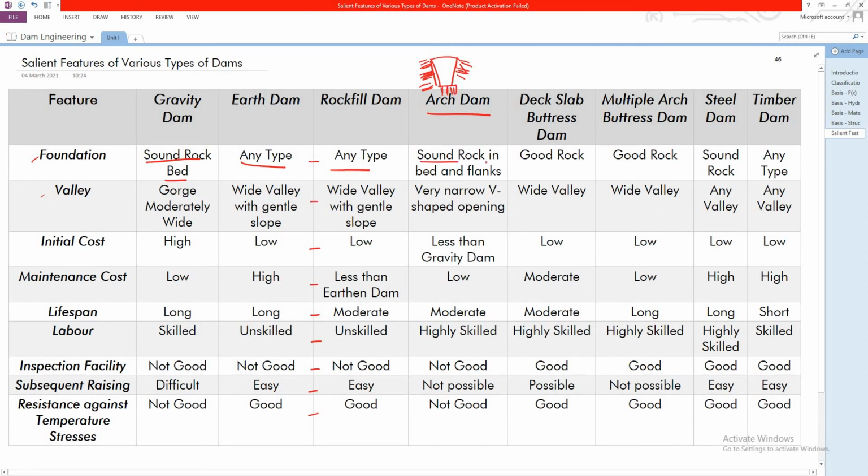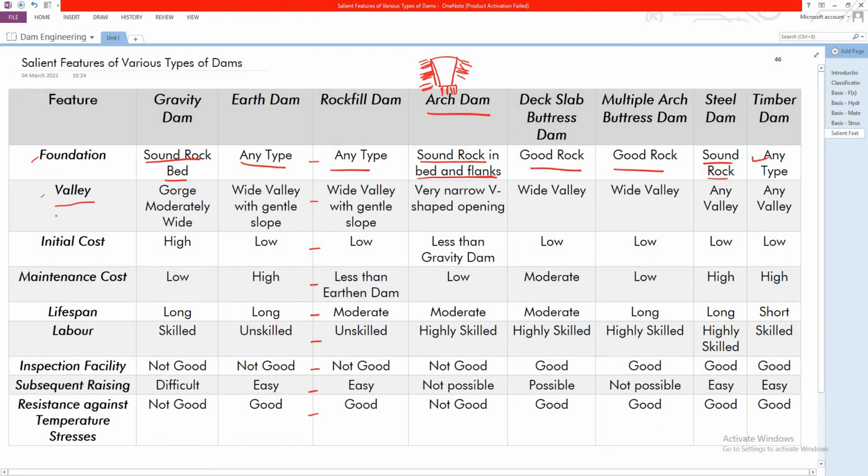Okay, sound rock in bed as well as in flank. Flank means sides. Then deck type buttress dam, deck slab type buttress dam, and multiple arch type buttress dam: good rock foundation is the minimum requirement. Then for steel dam, sound rock should be there, and for timber dam, any type of foundation can do.